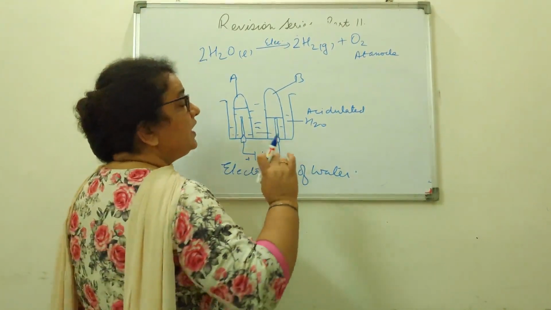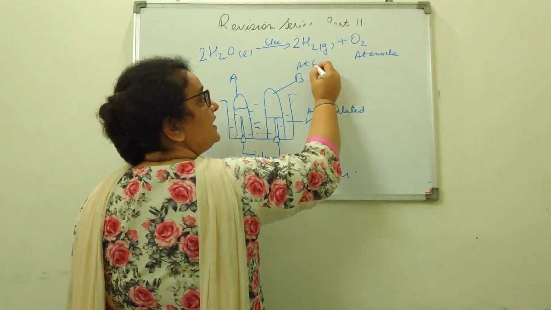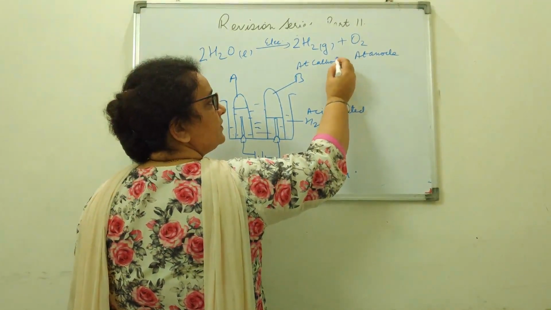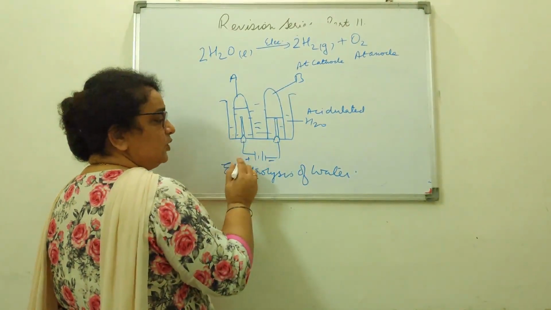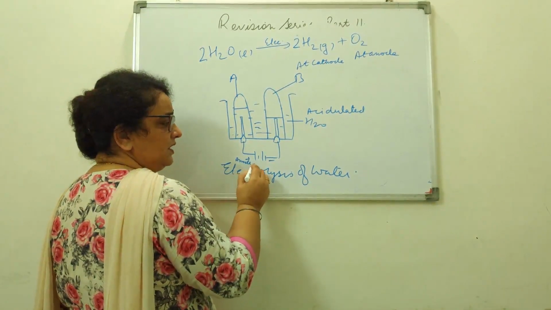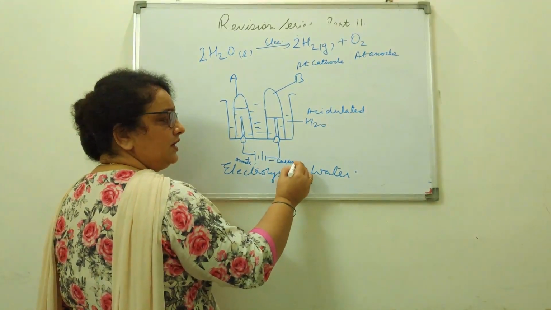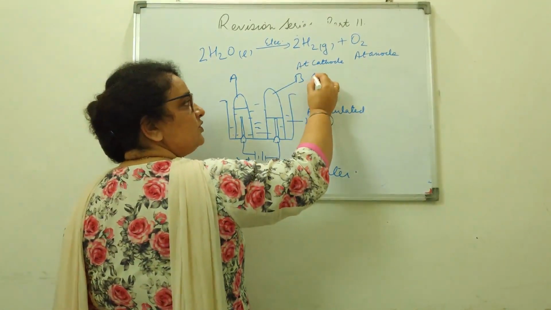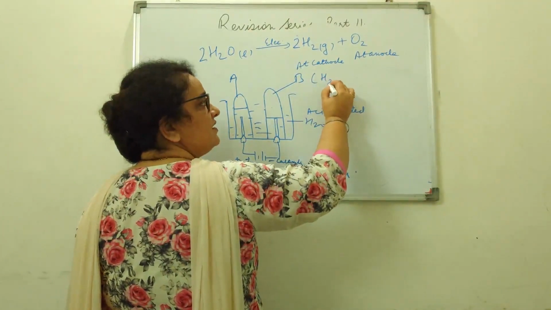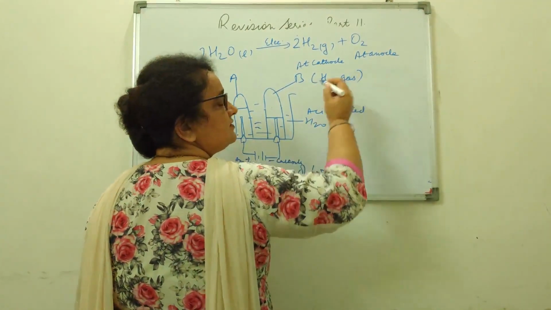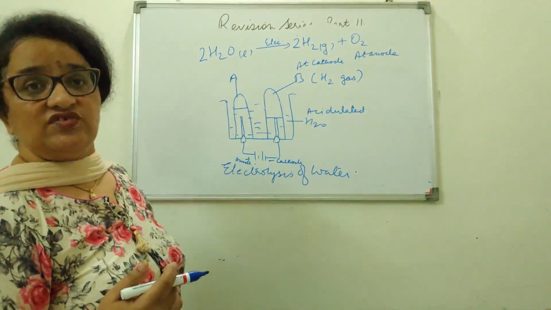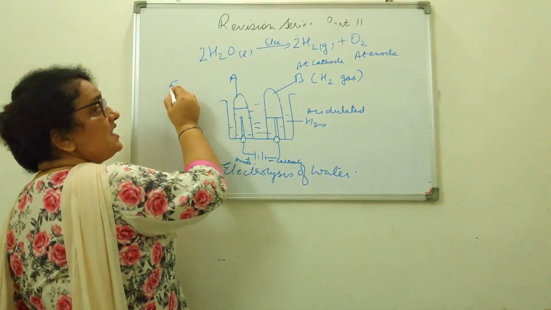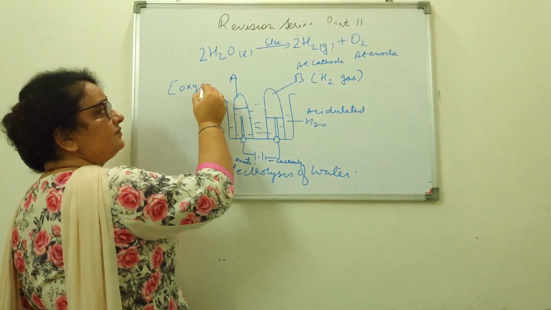Is it fine? Now this will be at the cathode. So this is the anode, positive terminal, and this is the cathode, negative terminal. At the cathode you get hydrogen, so gas B is hydrogen gas. The answer is clear from the equation. And gas A is oxygen.